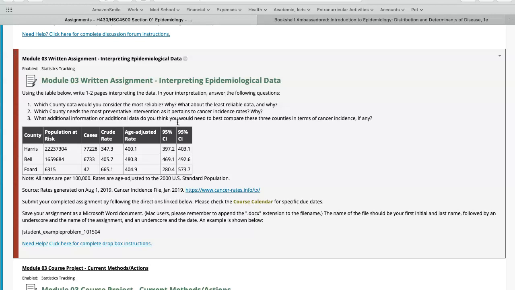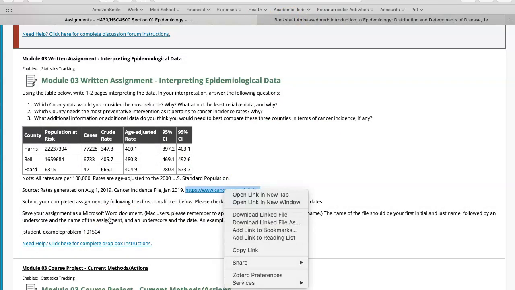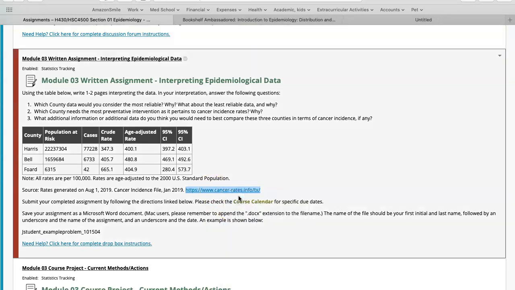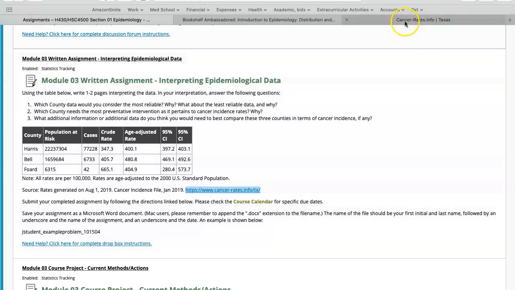I'll go ahead and click on this file here because the data will be viewable better. I might not be able to do this. Open link in a new tab. Let's see how that works. Hopefully you're able to see this since it's screen recording.